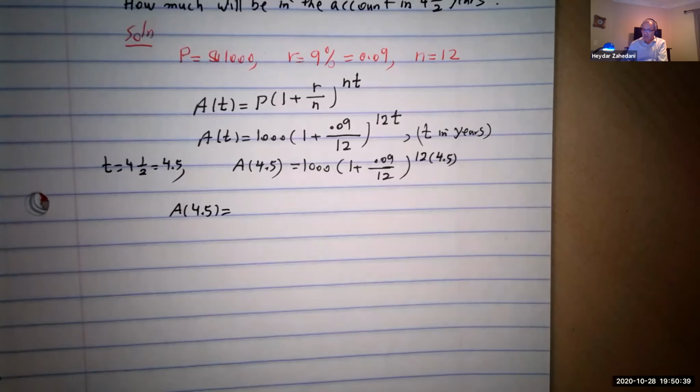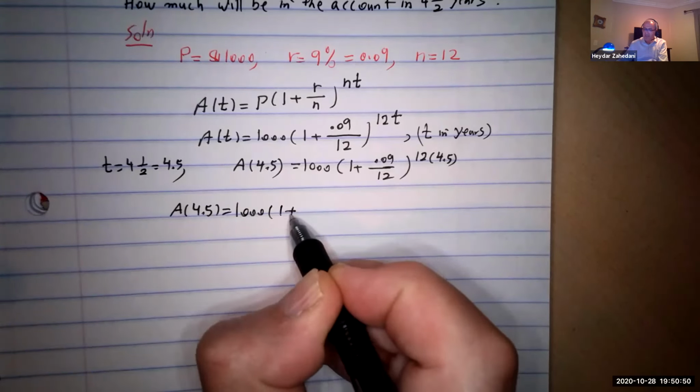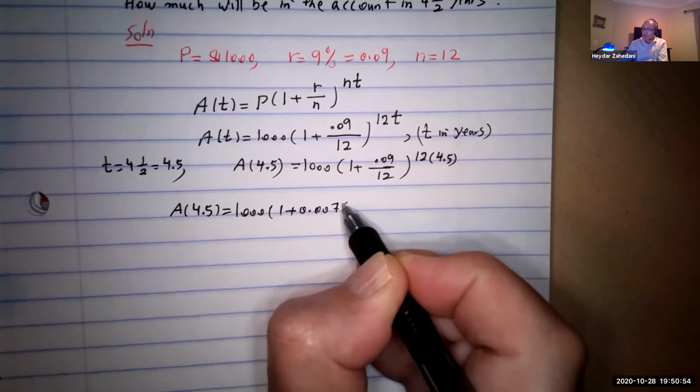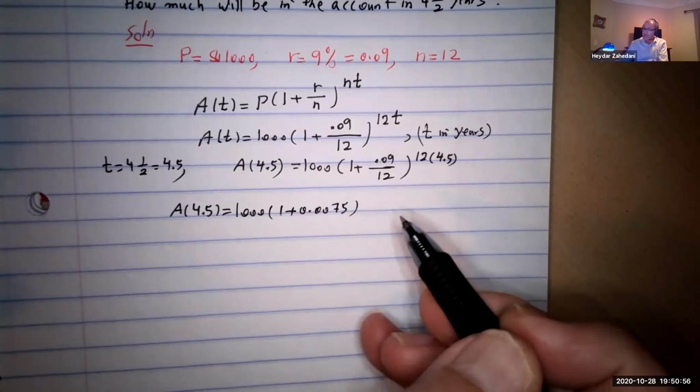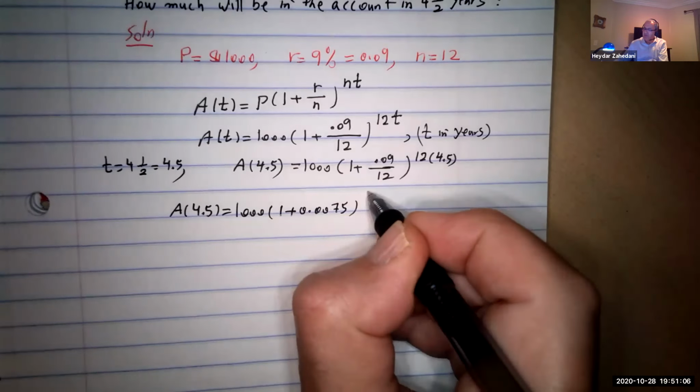I divide 0.09 by 12, so that gives me 1 plus 0.0075. Then I multiply the top, 12 times 4.5, so the top would be 54.